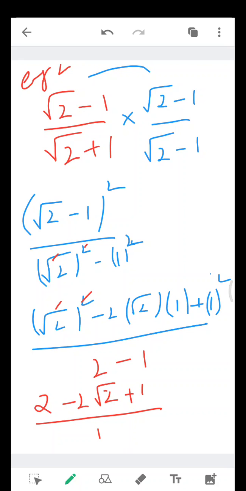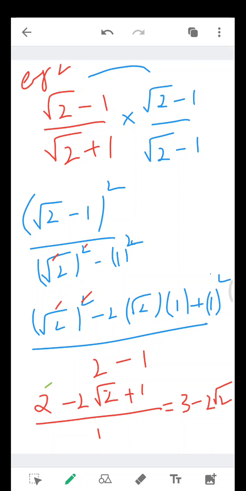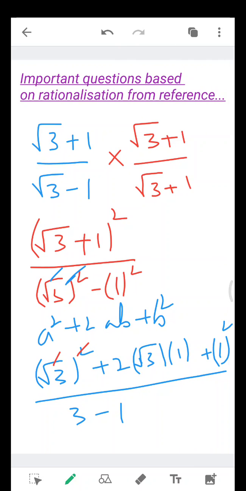So I'll add 2 plus 1. 2 plus 1 is 3, minus 2 root 2. I added this 2 and this 1. You cannot subtract this 2 and 2 root 2. So 3 minus 2 root 2 by 1. This is the rationalized form. This is the way we have to rationalize the denominator. These are the important questions from reference. I'll give you some questions based on the same concept.